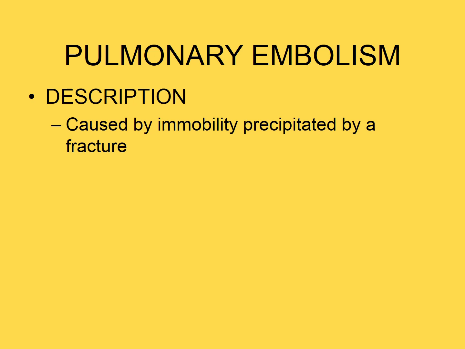So again, notify the physician immediately and prepare to administer anticoagulant therapy. To prevent blood clots, it's heparin, Coumadin. To dissolve existing ones, you use thrombolytics, right? The clot busters. Next slide.